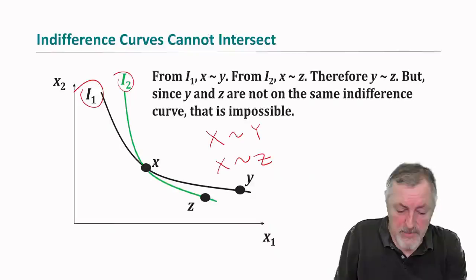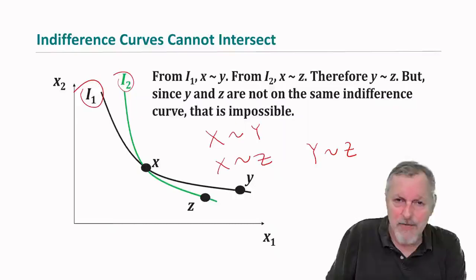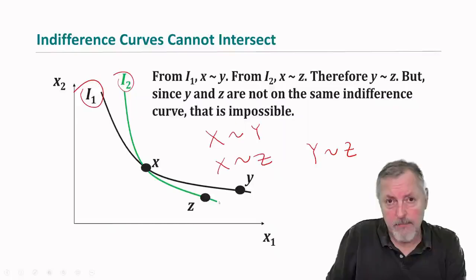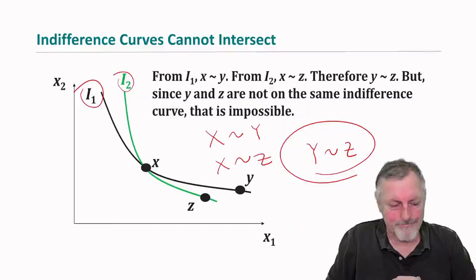Therefore, by transitivity, you must be indifferent between Y and Z. But Y and Z are not on the same indifference curve. Y's on a higher one, meaning they do not give you the same amount of happiness or utility. So you can't be indifferent between them. Therefore, this is impossible.